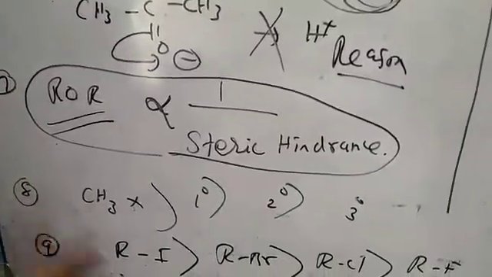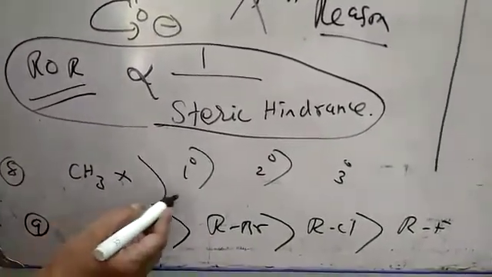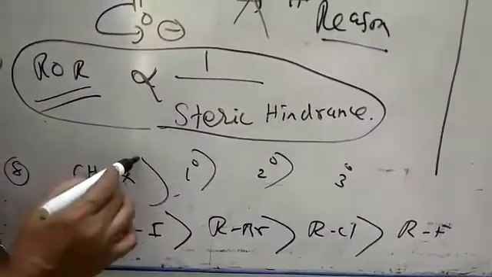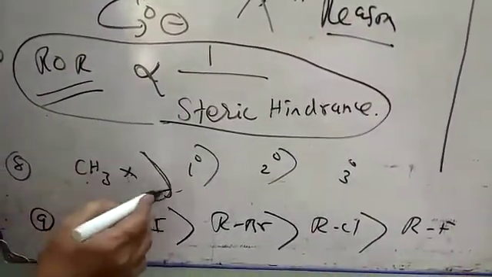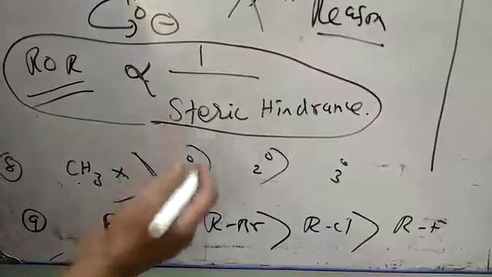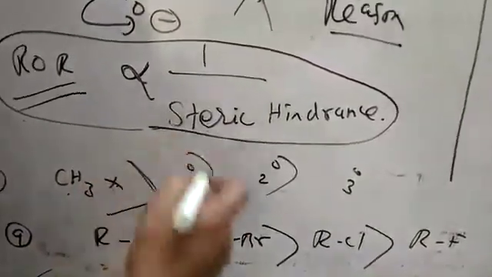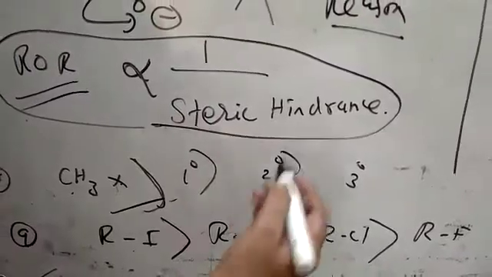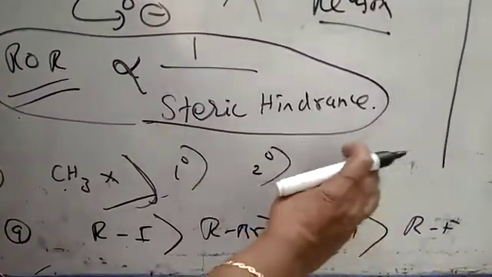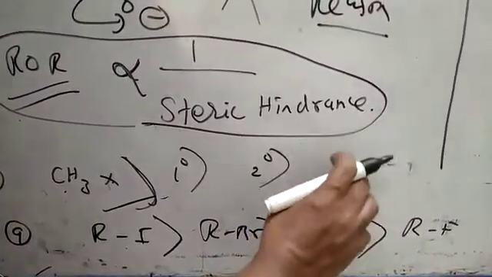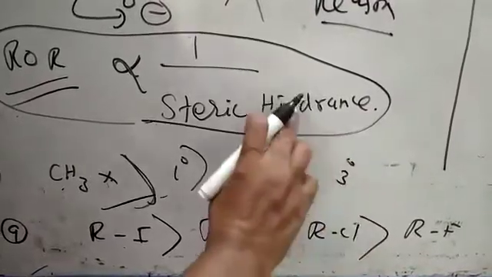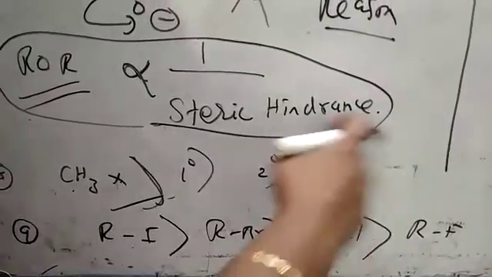Important point. The remaining 2 points are regarding alkyl halide. Methyl halide is more reactive than primary. Primary you can take as ethyl, propyl, etc. Which in turn is more than secondary and then tertiary. Tertiary is very slow because the steric hindrance is more.